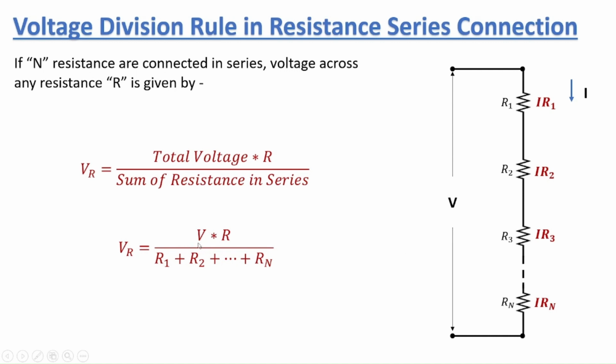So this is going to be V into R divided by R1 plus R2 and so on up to Rn. This is an important equation because we are going to use it many times when we solve circuit problems. So mark this as an important one.